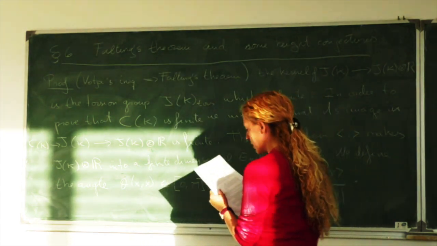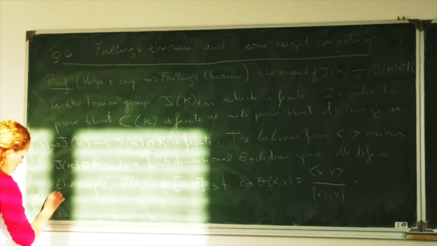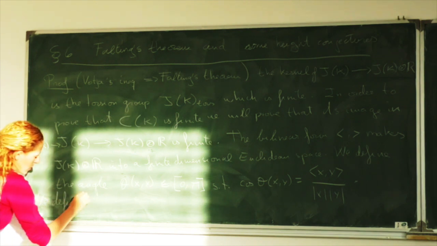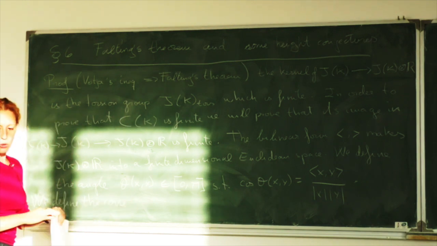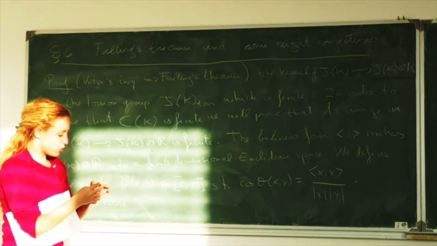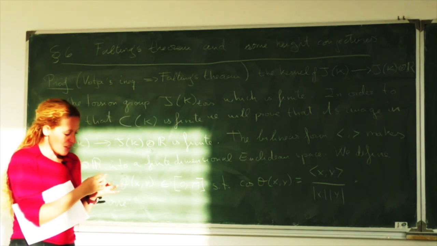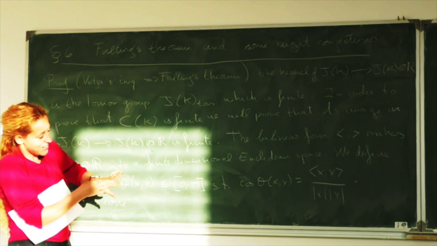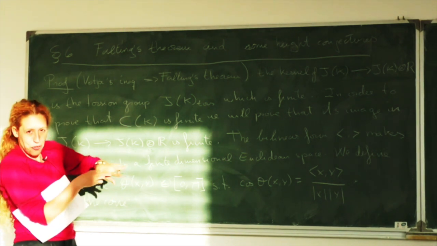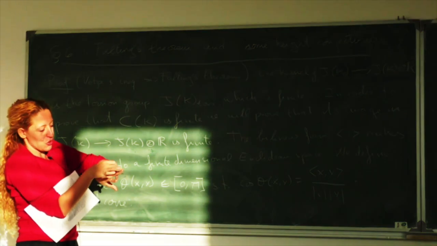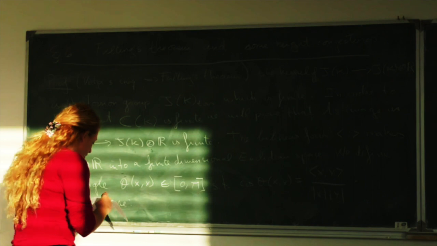And with this definition of the angle, we can define the following cone. This is really what you are thinking: I'm going to take a point, and I want to consider all the other points that are inside an angle. I take my point, I take an angle that I define, and I want all the points that are inside that. So this is the intuition. Let me write it down.